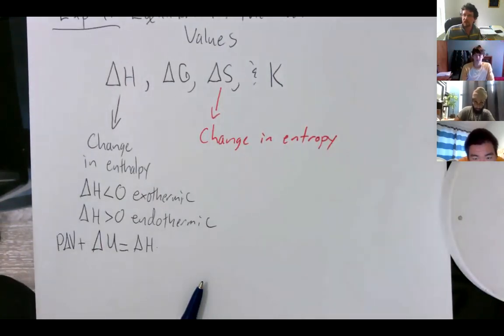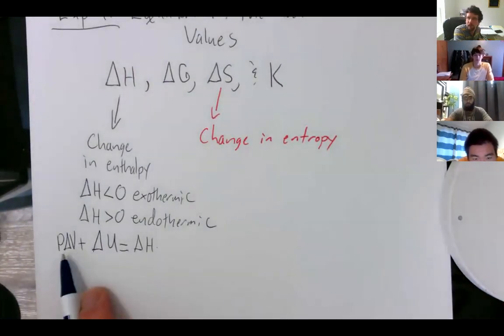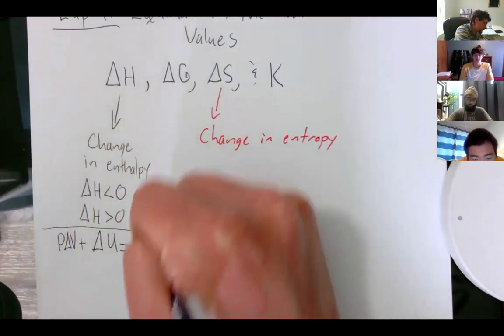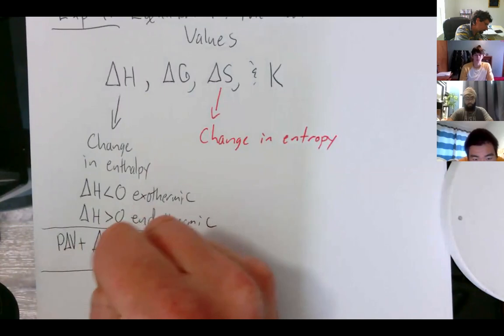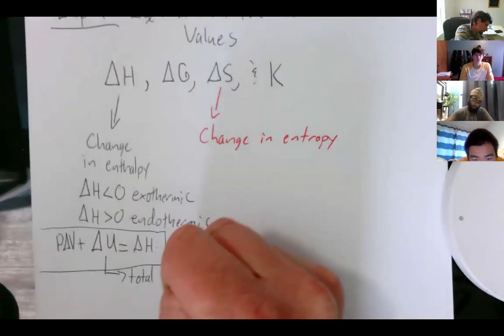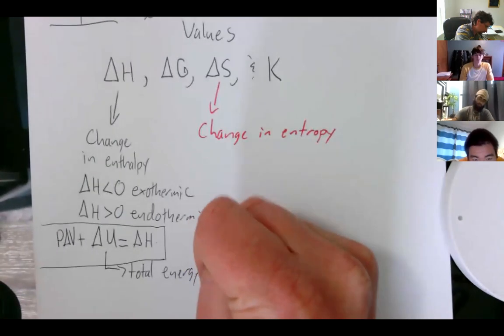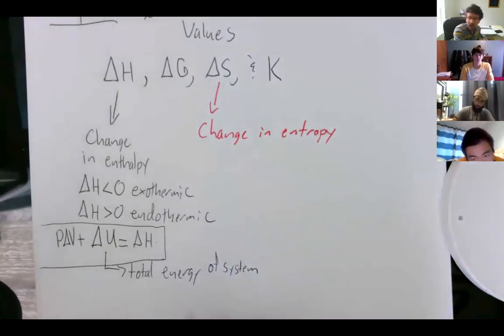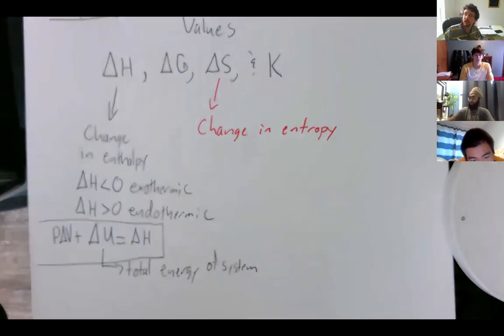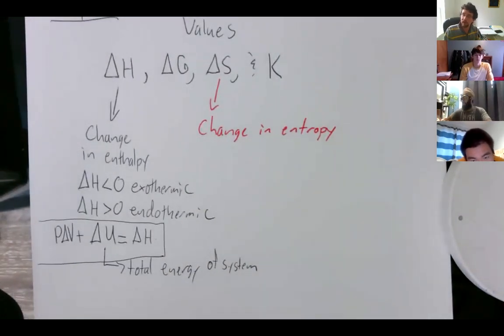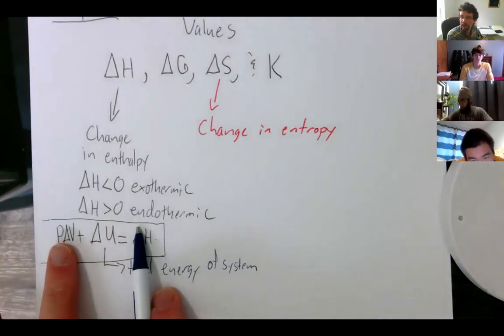And people said that they haven't discussed what internal energy is, right? This, by the way, is for a constant pressure system, which we see in a lot of experiments. Internal energy can be thought of as the total energy of the system. However, we can't measure this because we have influences from pressure and changes in volume. So in order to actually get something quantifiable that we measure in an experiment, we look at enthalpies.